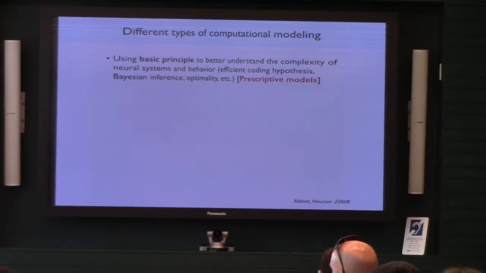So you can use these basic normative principles to figure out what would be the ideal case, what is the best thing you can do, and then use that as a reference for what you observe. I would call these prescriptive models, because based on some principles, they prescribe what should happen. They tell you this is how the subject should behave, and this is how the neural response should be. Okay? But again, you can use them to explain what happens.